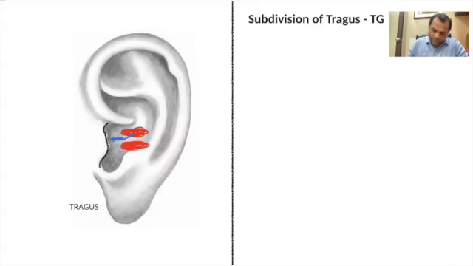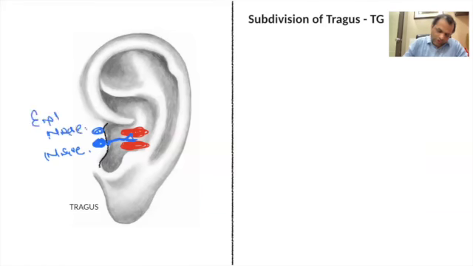This is the air pipe. Then this is the nose, and the upper part is also nose.